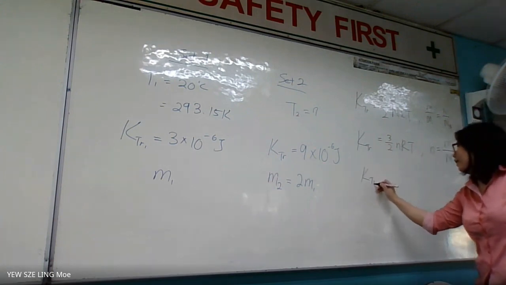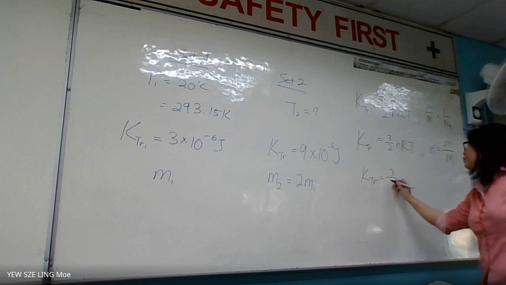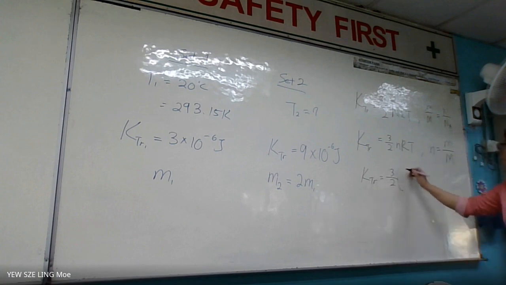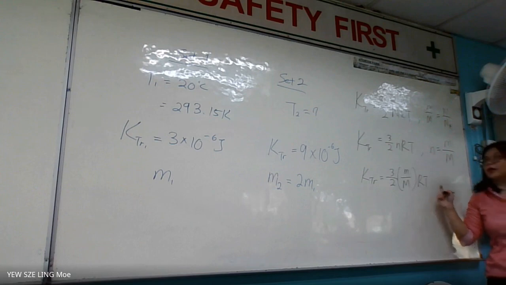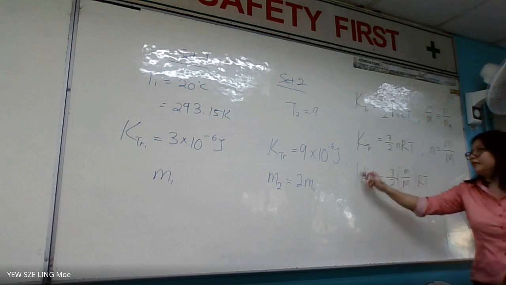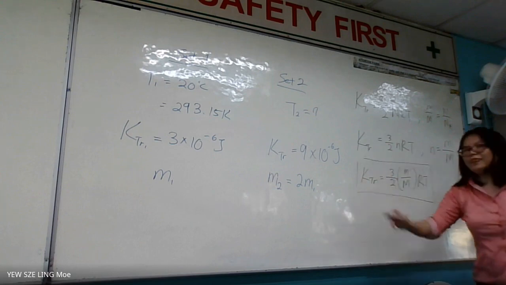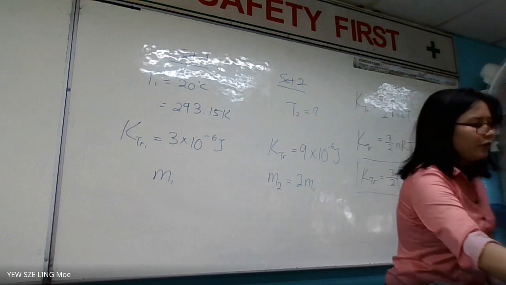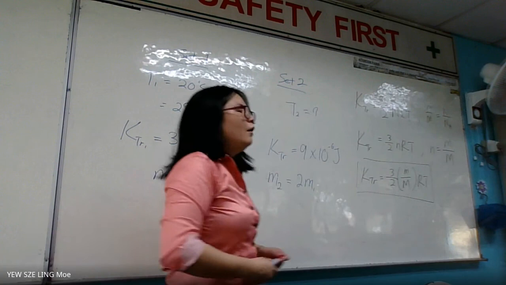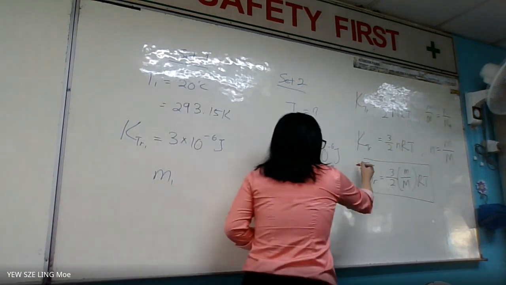I then have KTR equals 3 over 2 m over M RT. So I can form two equations based on this general equation. But then I have one more question. If you look at this equation, it needs KTR.